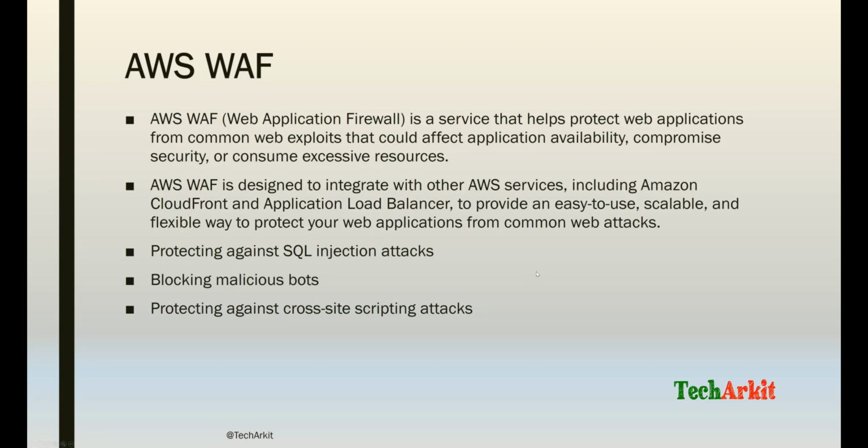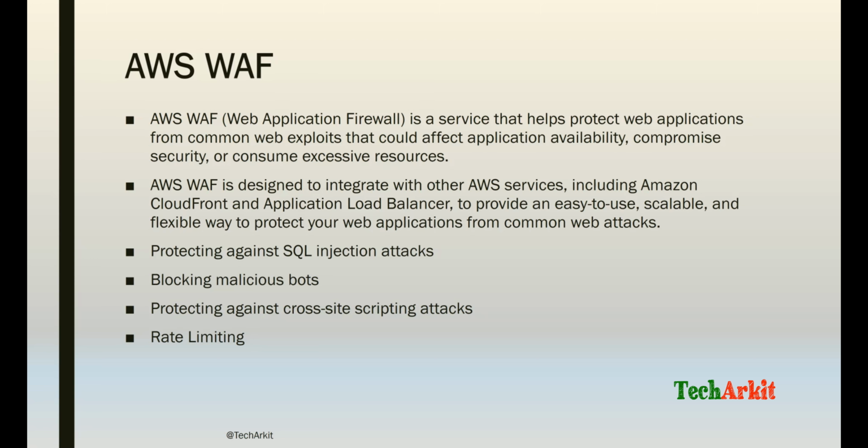Next is protecting against cross-site scripting attacks. XSS attacks are a type of attack that can be used to inject malicious code into web pages, potentially compromising your data and stealing sensitive information. Then rate limiting.